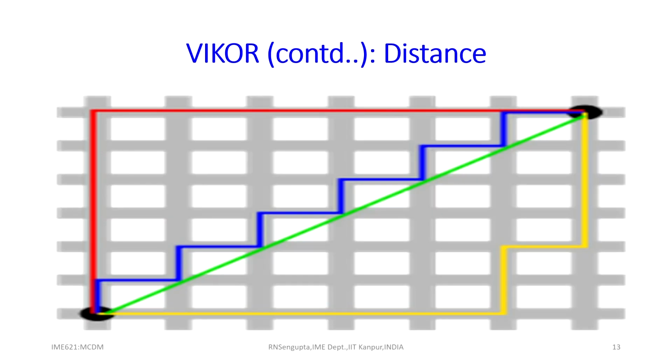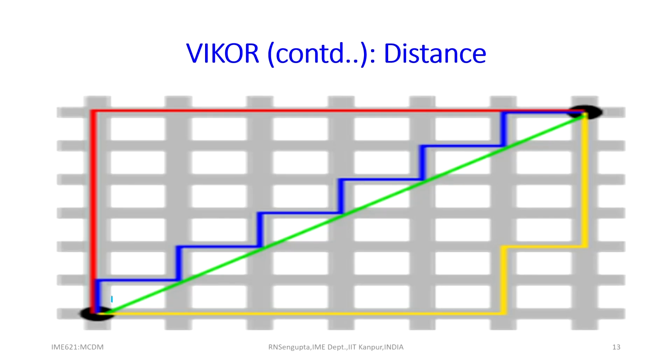Now, consider this one which I have already done. The green line is for L2, and the red, blue and yellow are based on the L1 norm, because you can take different routes, but interestingly the length covered is the same. If I consider the yellow one, it is 1, 2, 3, 4, 5, 6, 7, 8, 9, 10, 11, 12, so it is 12.